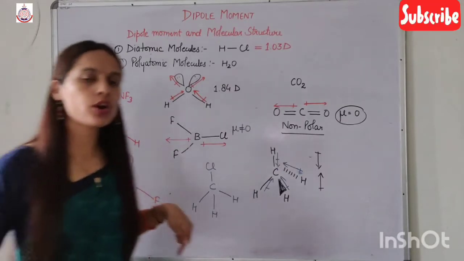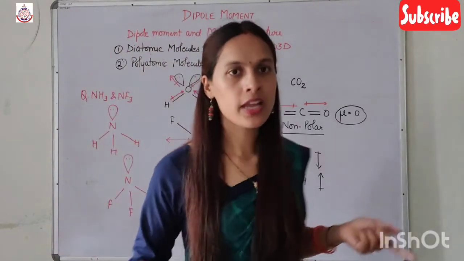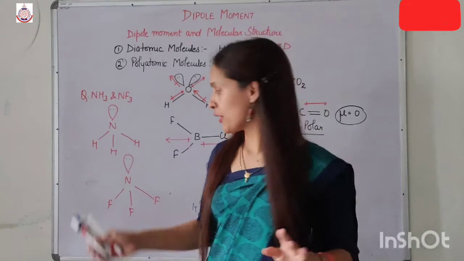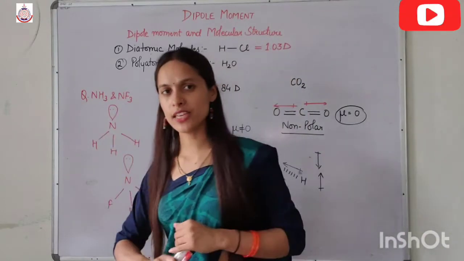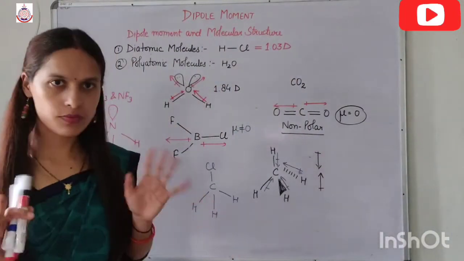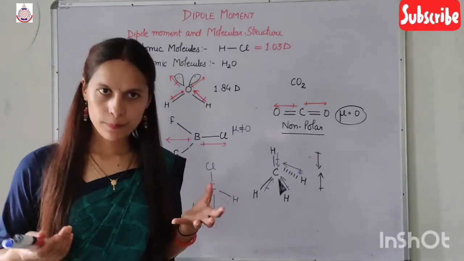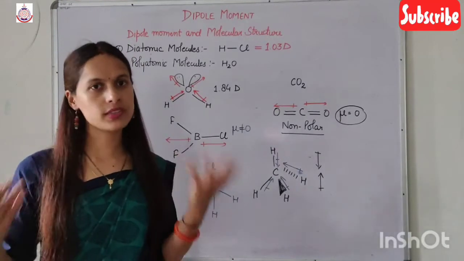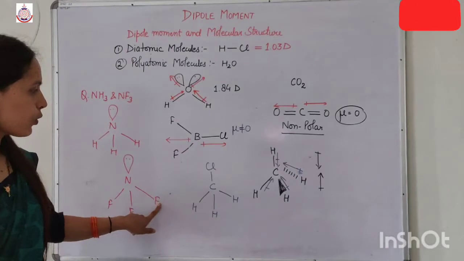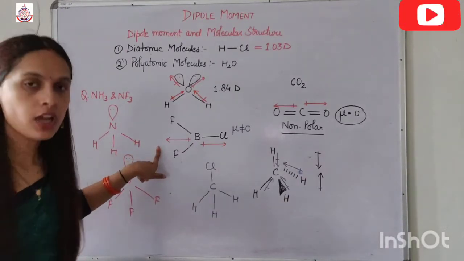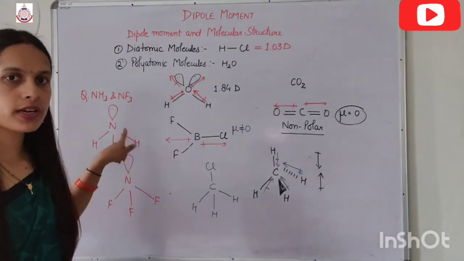And if the NF bond is more polar, then the dipole moment of NF3 is greater than that of NH3. It is obvious. The more polar the bond, the more the dipole moment.